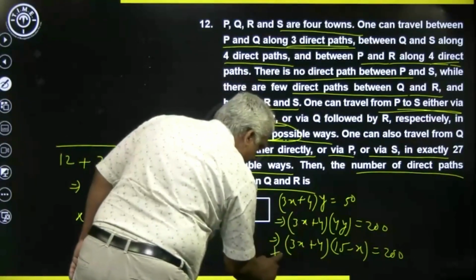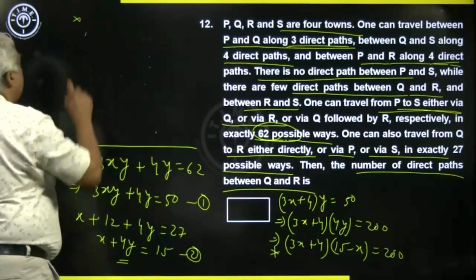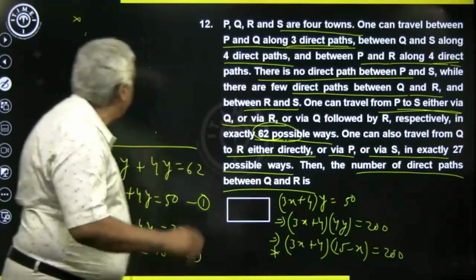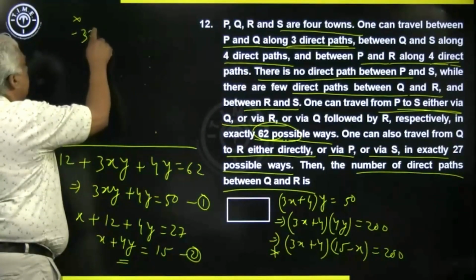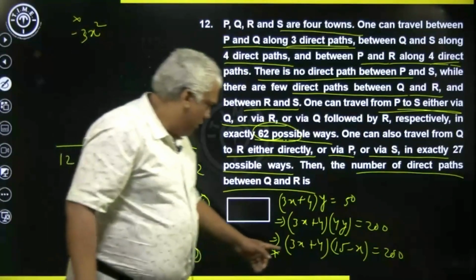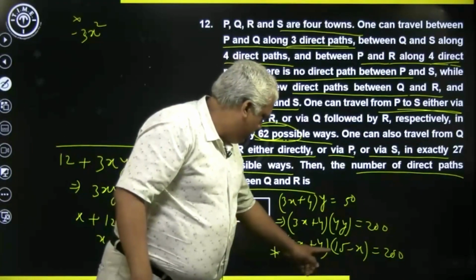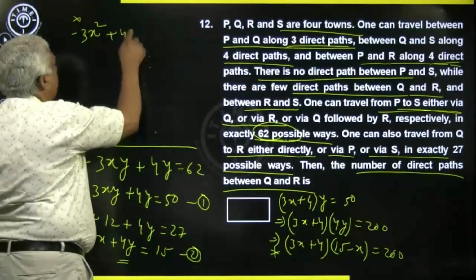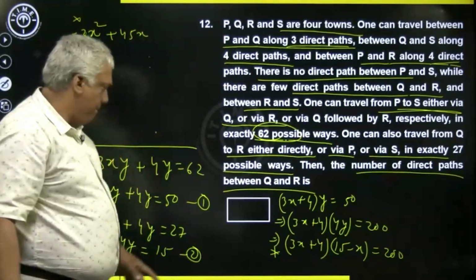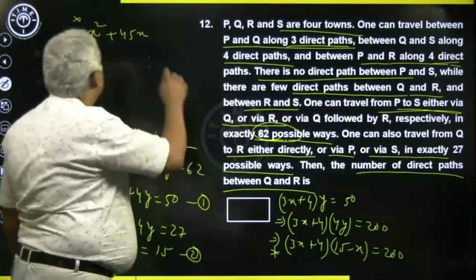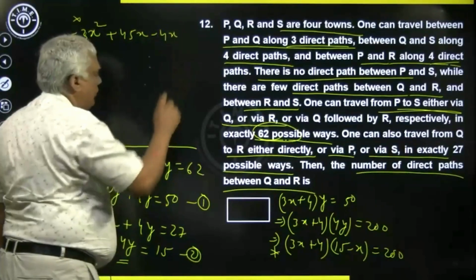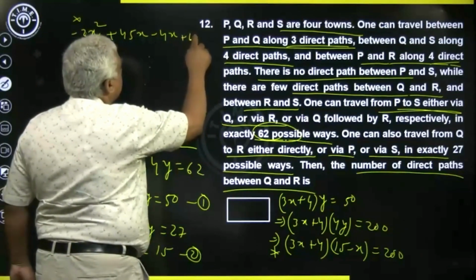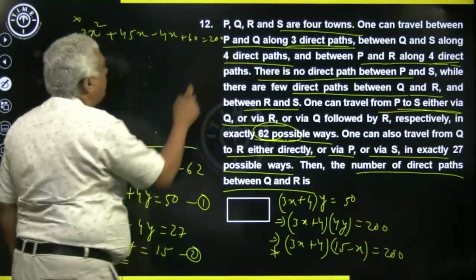So, let us multiply. 3x into minus x is minus 3x square, then 45x, minus 4x, and plus 60, and this is equal to 200, right.